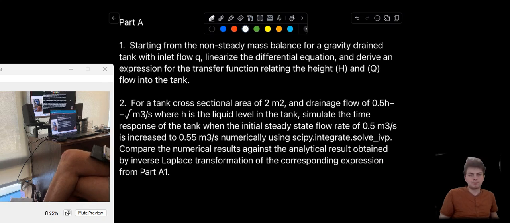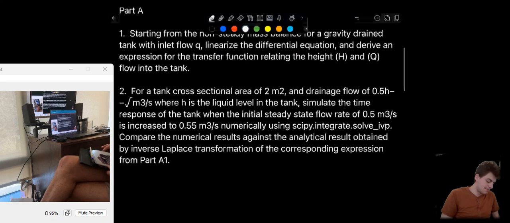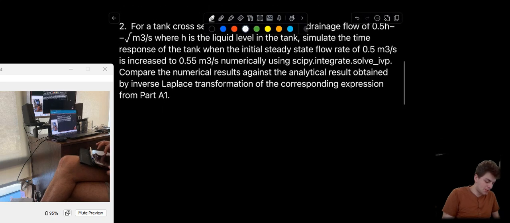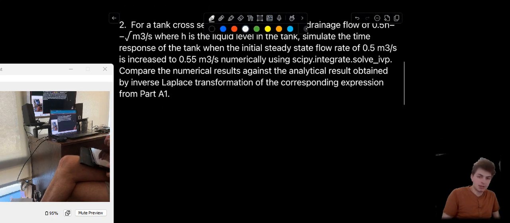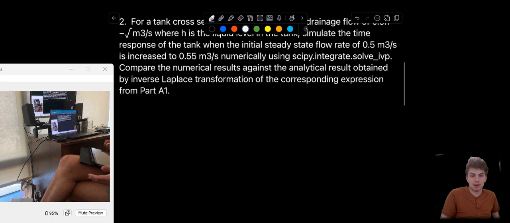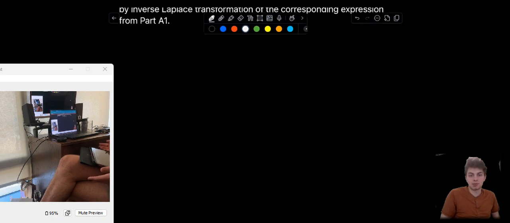So right here, let's start with our process again. We're going to start with our tank process that is in the very first video of this course. And so what we're going to do is start with the differential equation that we had derived in the very first video, relating the height to the volumetric flow rate as an input.